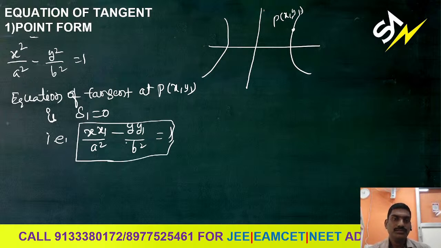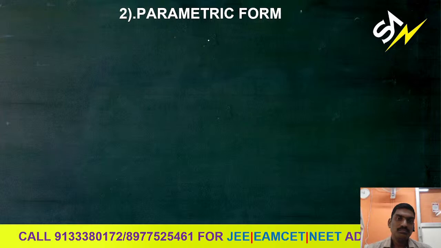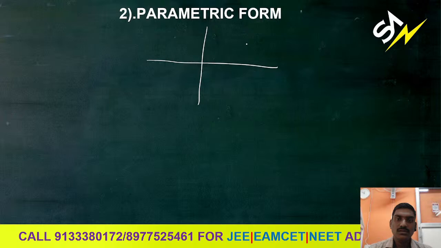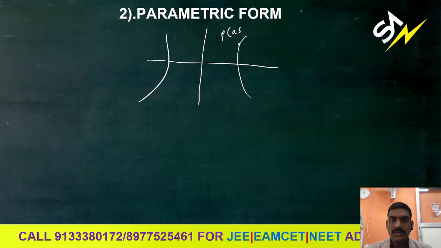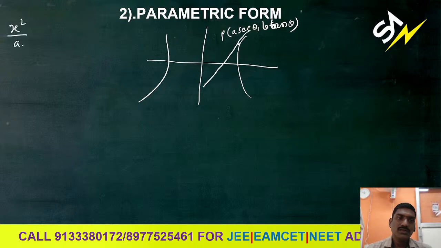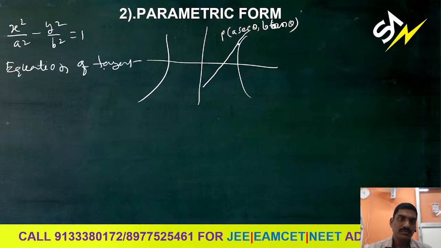Right? Parametric form. So in parametric form, what is the general form of a point on the hyperbola? The point is a secant theta comma b tan theta. Then x square over a square minus y square over b square is equal to 1 is the standard form of the hyperbola. Then equation of tangent at a secant theta comma b tan theta.